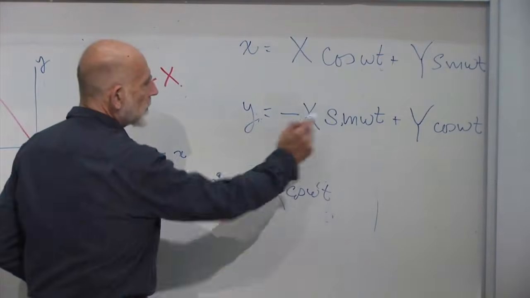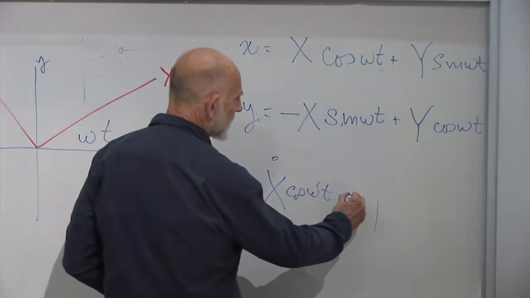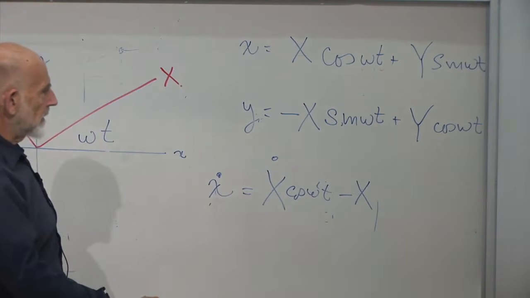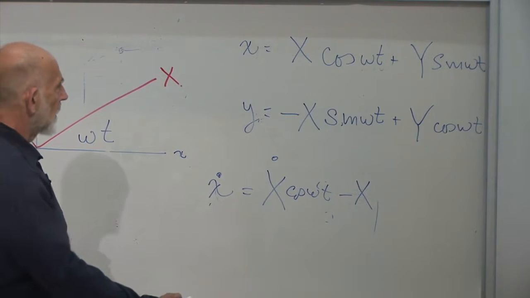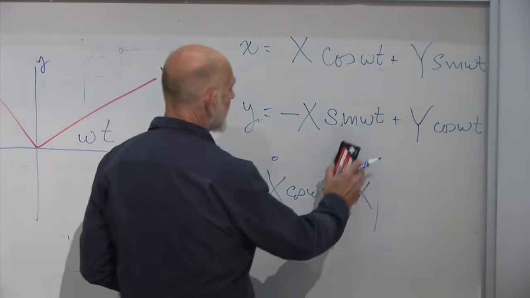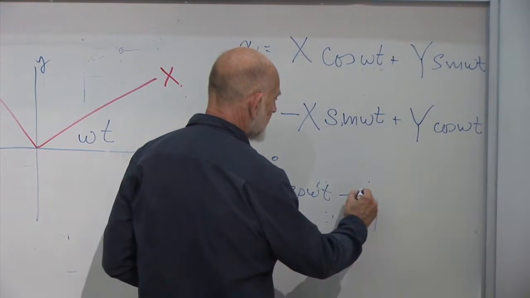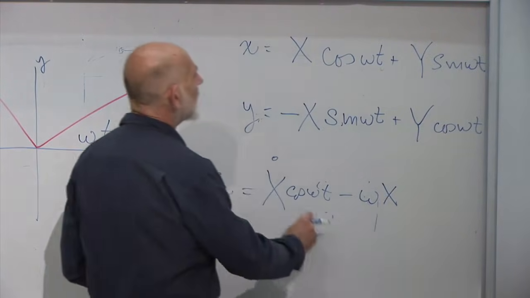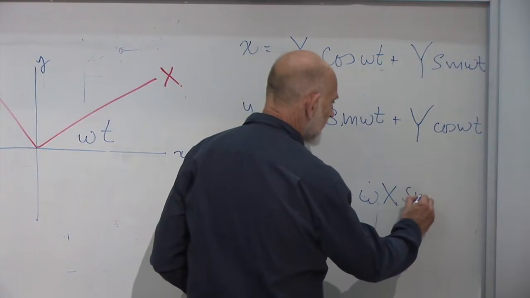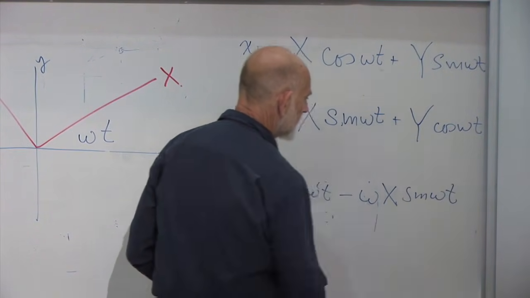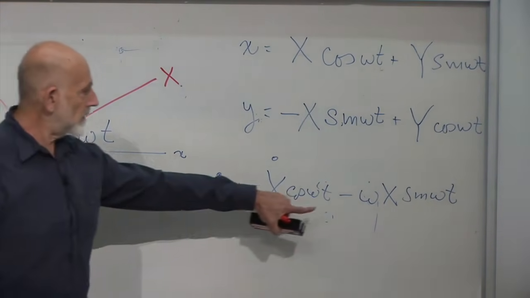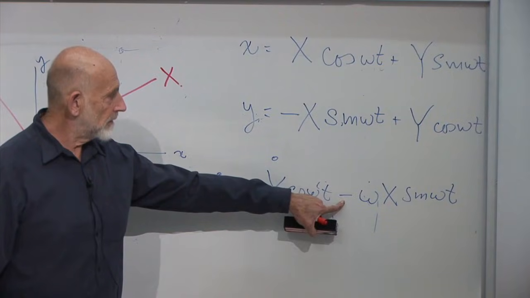So we need a factor of omega, omega X, times the derivative of the cosine, which is sine omega t, with the appropriate sign.